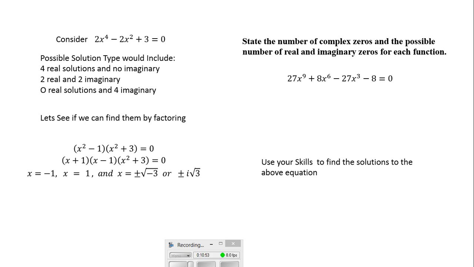What kind of solutions would this have? What pairs of conjugates and of imaginaries and or reals might this thing have? You should be able to factor this, so I'm going to leave that one for you to explore and factor, okay? We'll terminate the video with this and resume with another video.